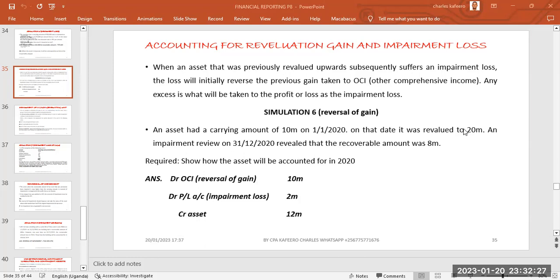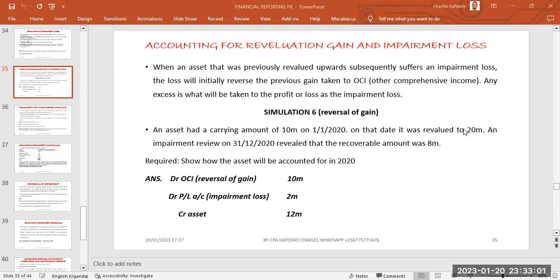From that question, we are saying that an asset had a carrying amount of 10 million on 1st January 2020, and on that same date, it was revalued to 20 million. And from that point, we can see that there was a revaluation gain, because the carrying amount of the asset was 10 million. Remember, we said for a revaluation gain to happen, the carrying amount is going to be less than the recoverable amount.